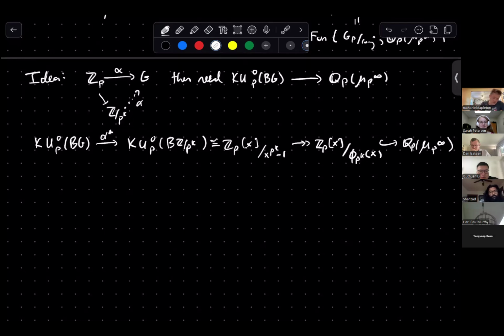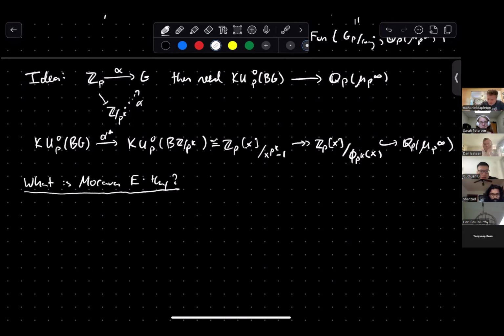Okay, so now we have a challenge, which is to talk about what is Morava E-theory in a few minutes. And the real reason this is a challenge is that a lot of the ideas aren't that hard, but there's a lot of algebro-geometric language that is more or less required to carefully say what's going on.